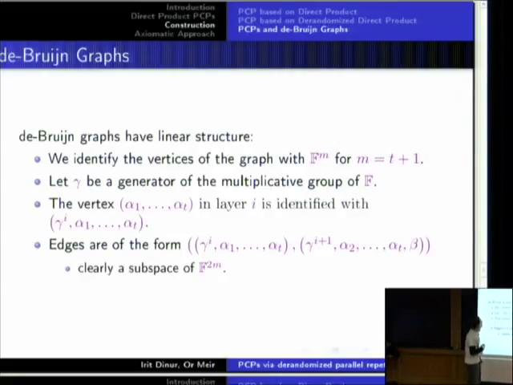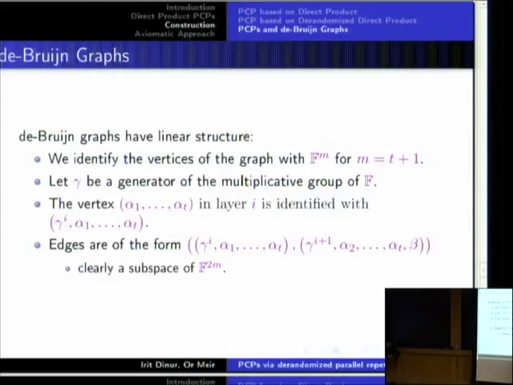So remember that every vertex in each layer is already identified with some vector space F to the t. And so all we need to do in order to identify the vertices of the whole graph with the vectors of a linear space is just to combine the layers into one linear space. And this is done by taking F to the m with m equals t plus 1.